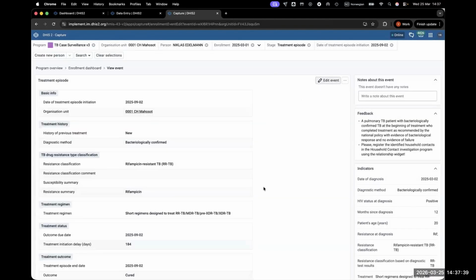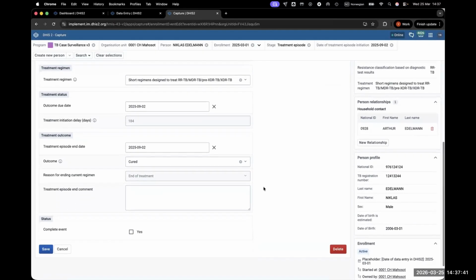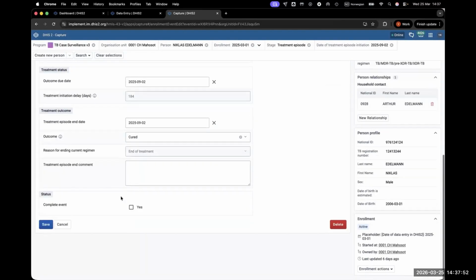And this version of the tracker supports the new guidelines. It supports the generation of the indicators for treatment and so on.